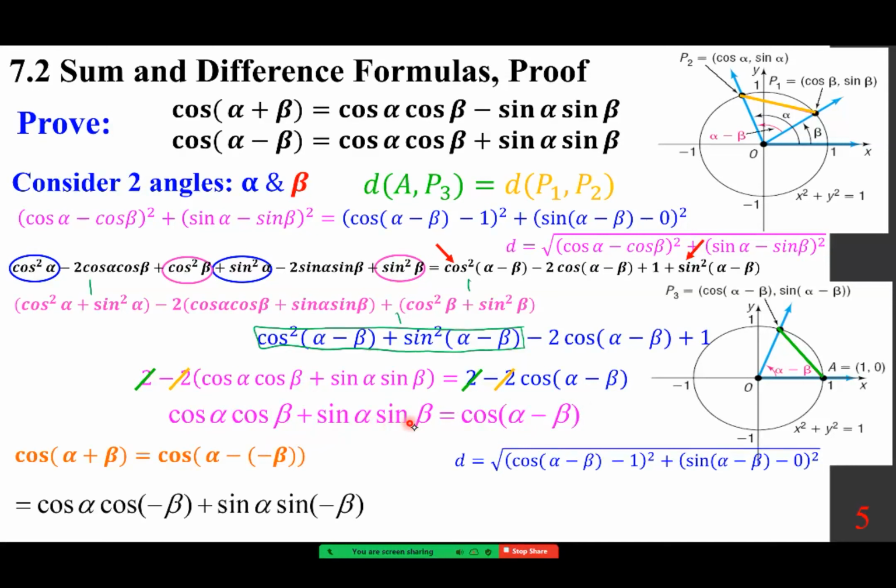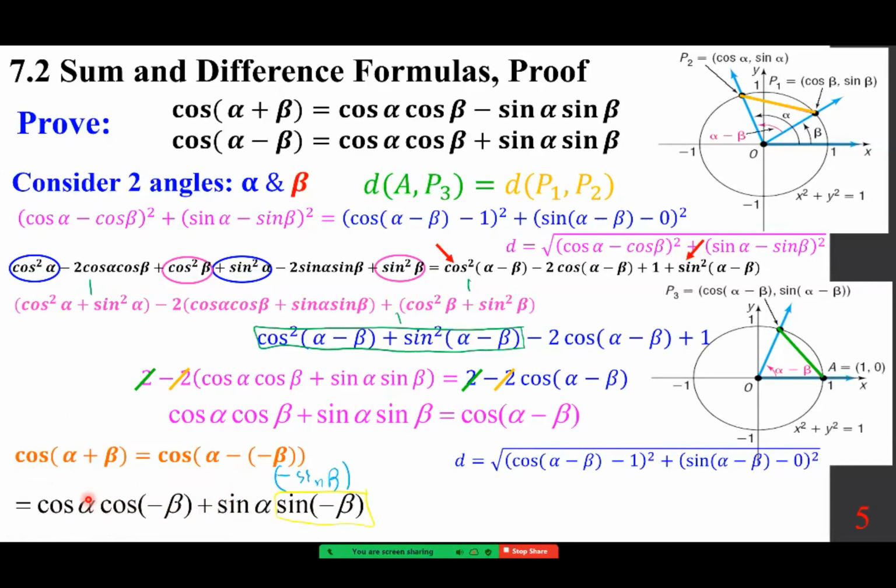As you know, cosine of minus beta is the same as cosine of beta because it's an even function. Sine of minus beta becomes minus sine beta, and times plus sine alpha becomes negative here.